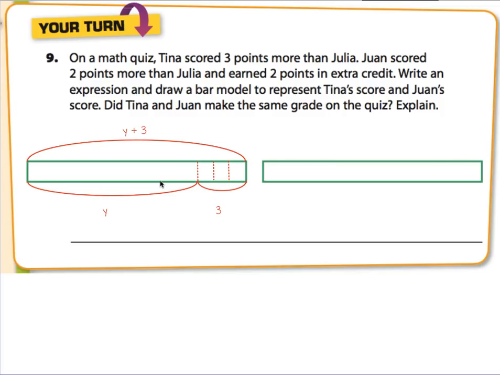Okay? Then, if you look at Juan's model, the whole thing is y plus 2 plus 2, where Julia's is y, but then there's 2, and then there's 2 more. In looking at their models, they are not equivalent.